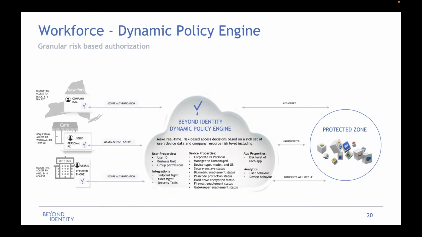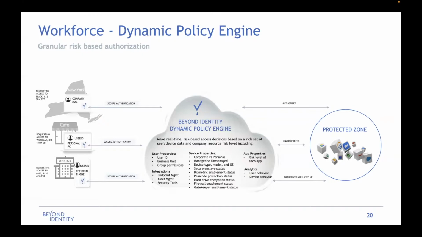Well, it's based on the user and device properties, like which business unit the user belongs to, or checking the device's true security posture, things like firewall status, hard disk encryption status, whether the device is managed by an MDM like Intune or Jamf, whether the device has endpoint security software like CrowdStrike or Zscaler installed.